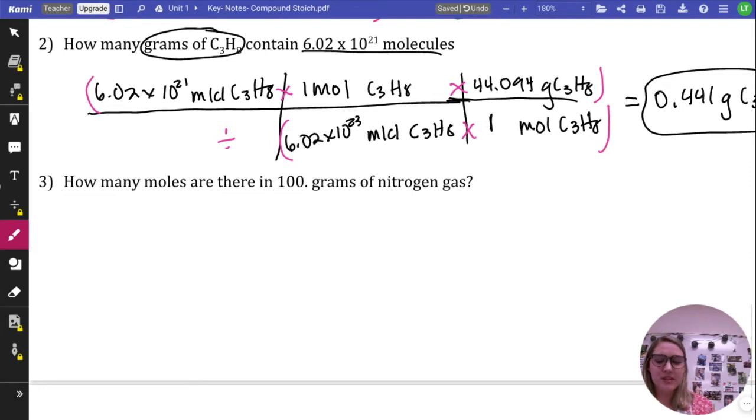Next problem says how many moles are there in 100 grams of nitrogen gas? Okay, guys, so one thing about nitrogen you may have forgotten is it's one of 7 special elements. So these 7 elements, when they're by themselves, always come in partners. I always remember it by Winkelhoff.